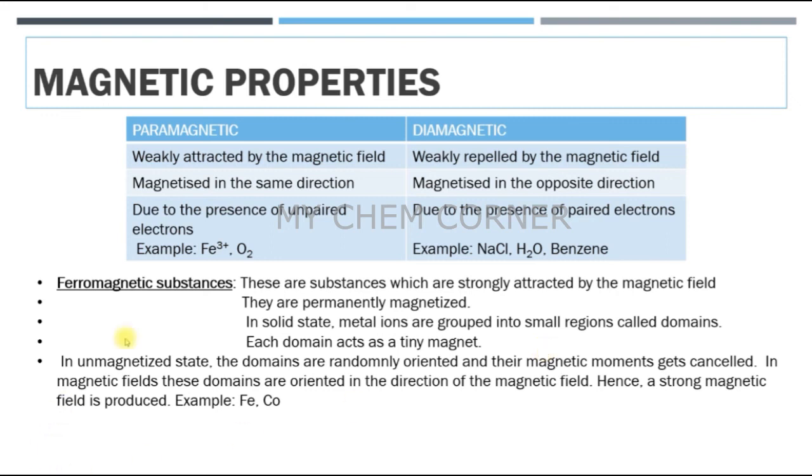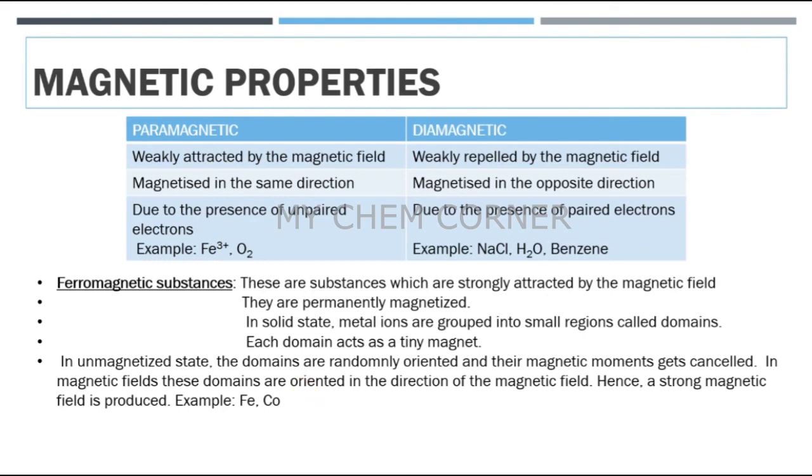But in their unmagnetized state, the domains are randomly oriented and their magnetic moments get cancelled. In the magnetic field, these domains are oriented in the direction of the magnetic field and hence they behave as a very strong magnet. And a classic example that you can give is iron or cobalt, one of these metals.